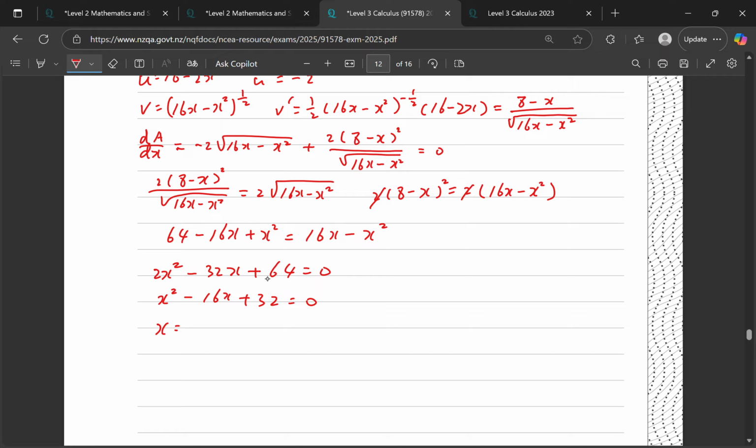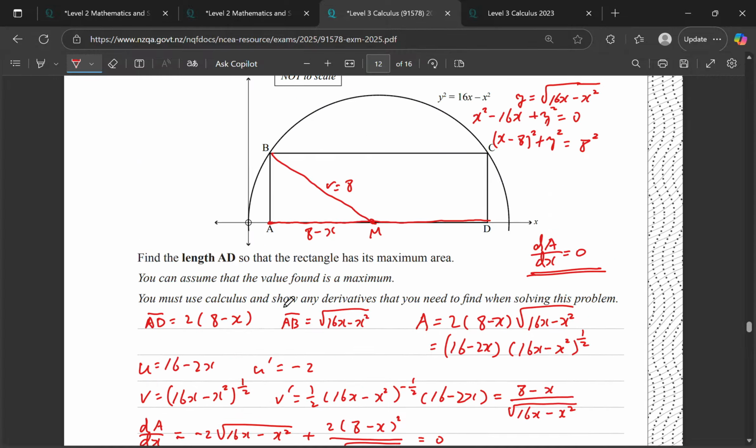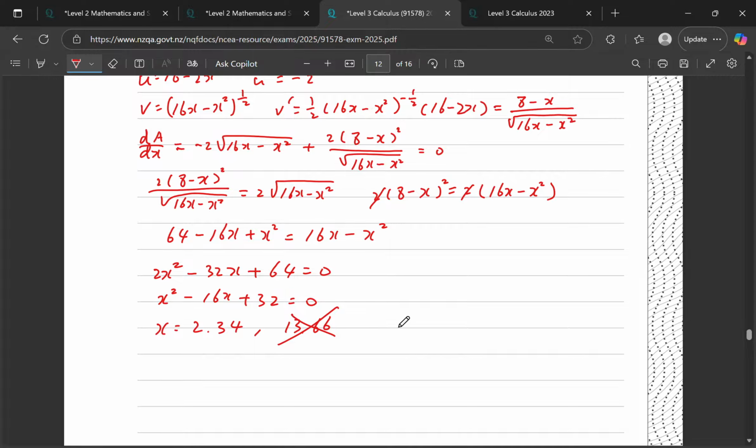So x equals either 2.34 or 13.66. Obviously 13.66 is not the answer, because the radius is 8, and x can't be greater than the radius.